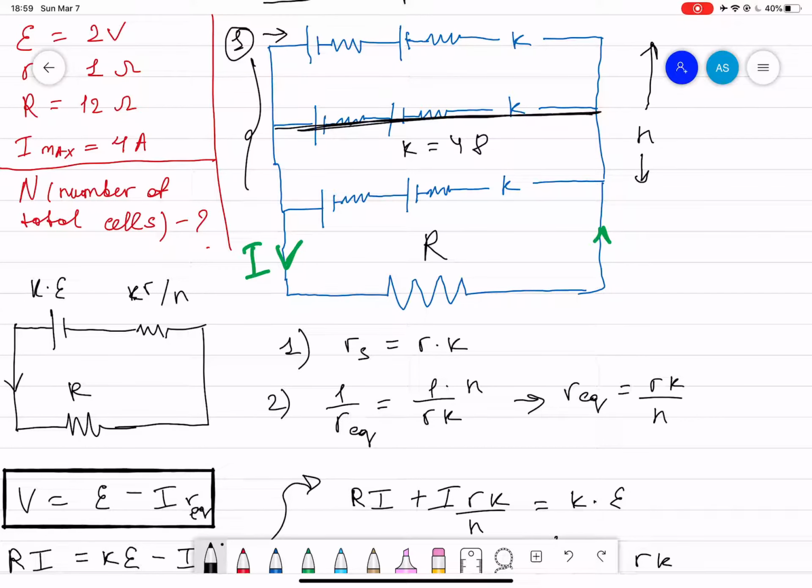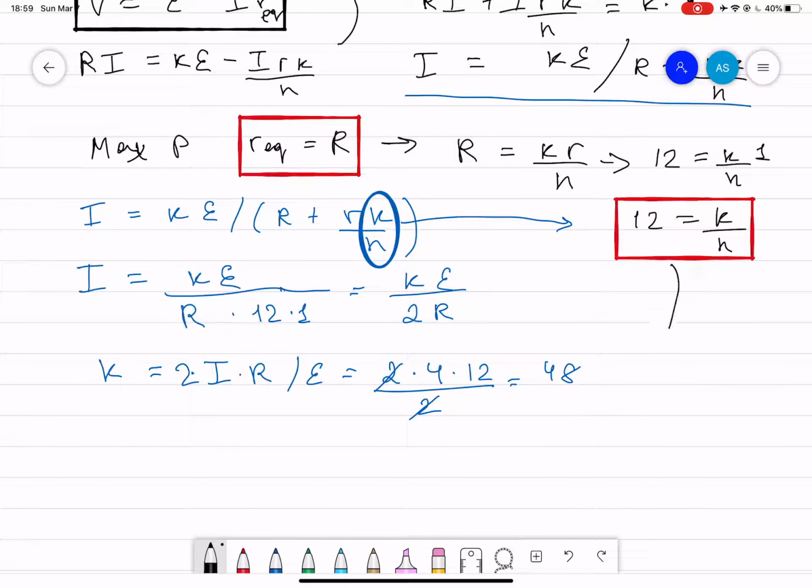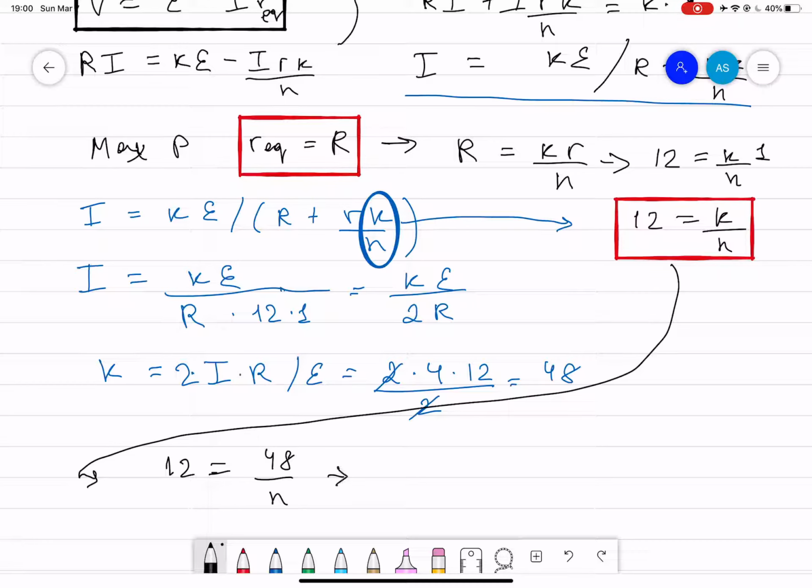Now we have to find the number of rows. How can we find it? Since we have this equation, we can say that 12 is equal to K, which is 48, divided by N. So N will be equal to 48 divided by 12, which gives 4.